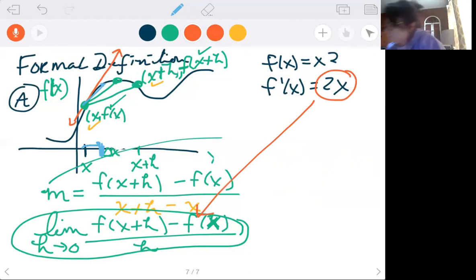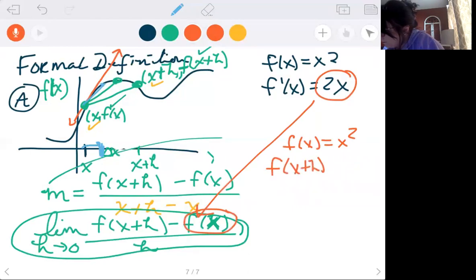So let's go use this formula. If f of x is equal to x squared, that'll go right here. f of x plus h, when I put it in there, will equal x plus h, quantity squared. When you FOIL that, you'll get x squared plus 2xh on the OI of the FOIL, plus h squared, right?